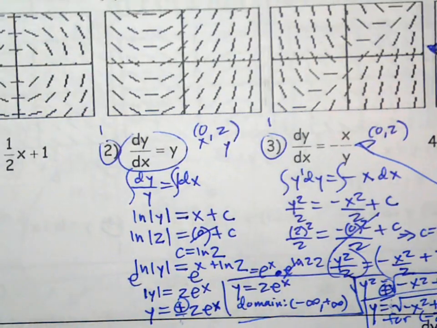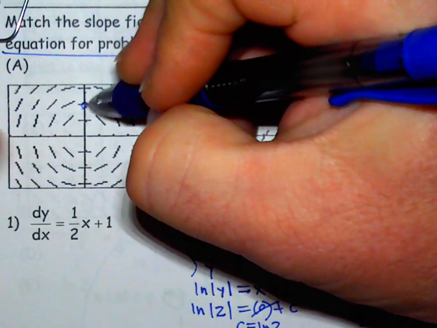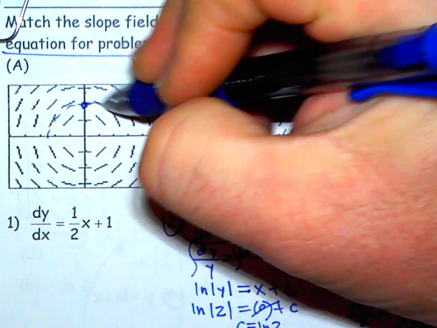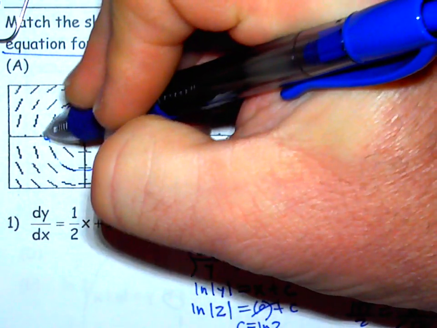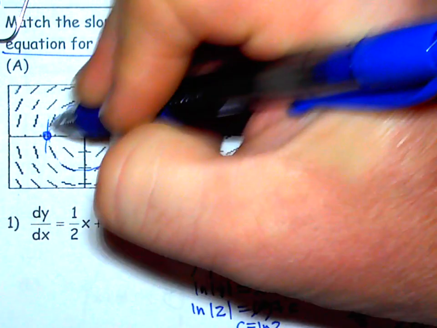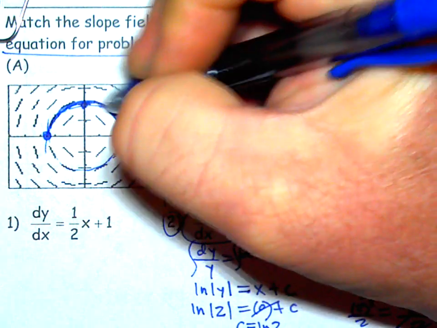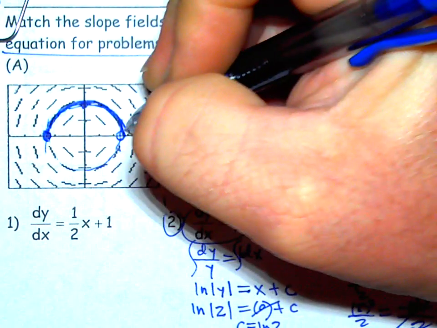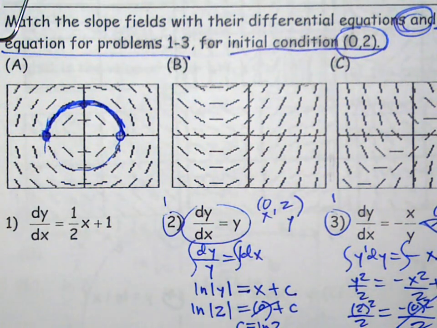So you go to the one graph that looks like it has circles on it, and if you were to do 0, 2, you could follow the slope field. But whenever the slope is undefined, which is going to be vertical tangents right here on the edge of a circle, and it's just going to be the top half because of our initial condition. So that also shows you visually why we're not going to include those, because the derivative is not defined. Anyways, that should make sense with the answer you picked earlier.